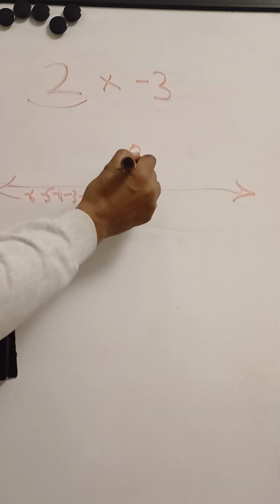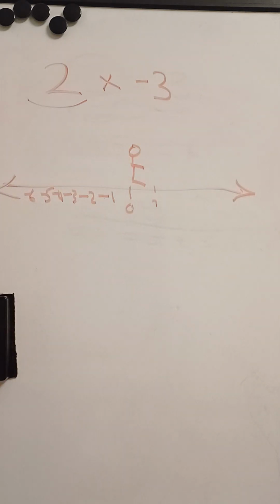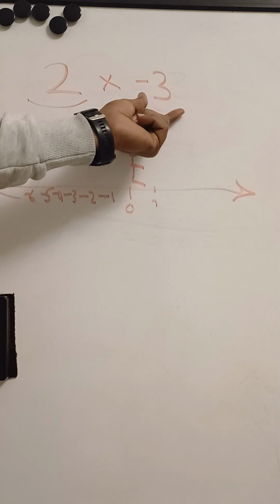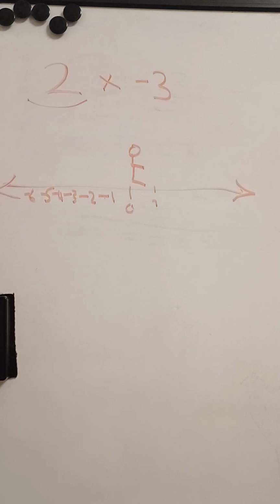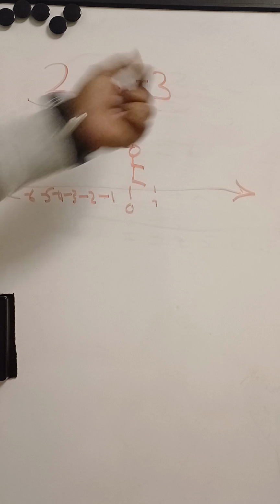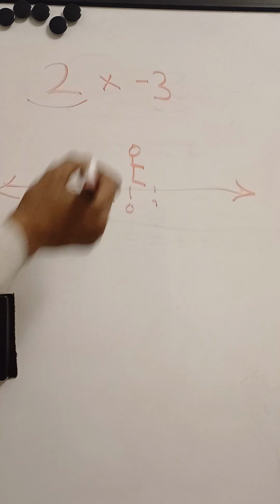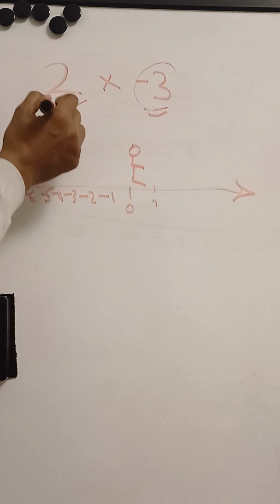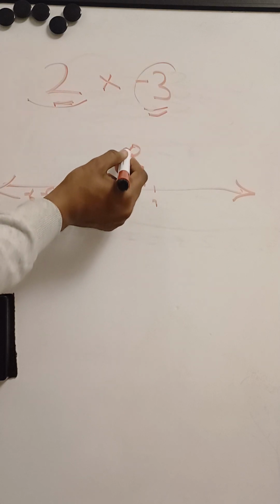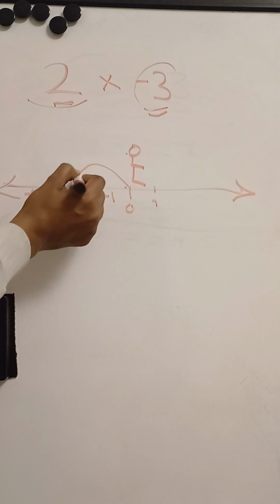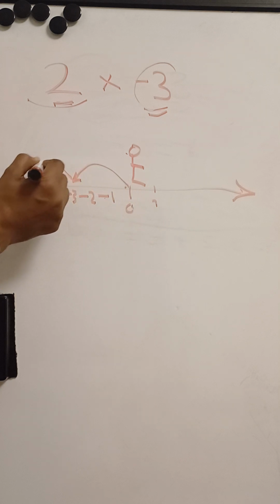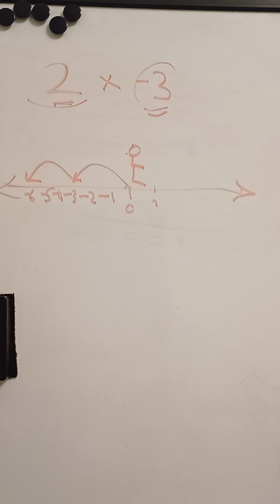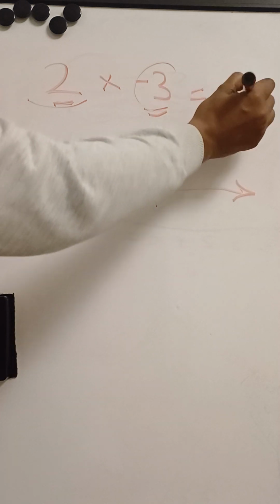To the right, because it's positive. 3, is it positive or negative? It's negative. To which direction are we going? We're going backwards because it's negative. So we do the same. We move 3 steps and another 3 steps, 3 steps twice. To which direction? Backwards. So we move 3 steps backwards and another 3 steps backwards, and we end up with negative 6.